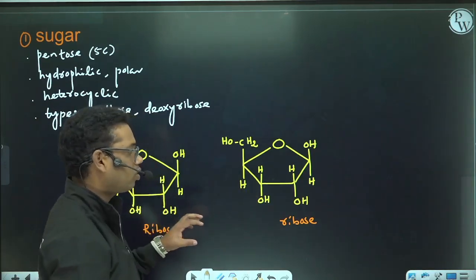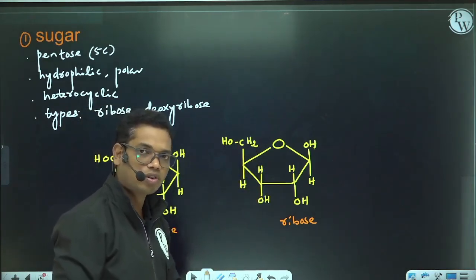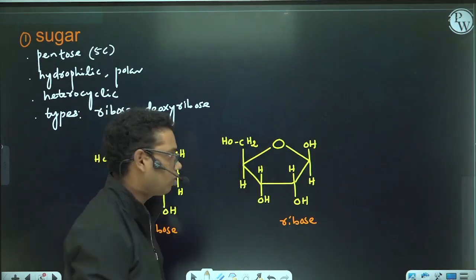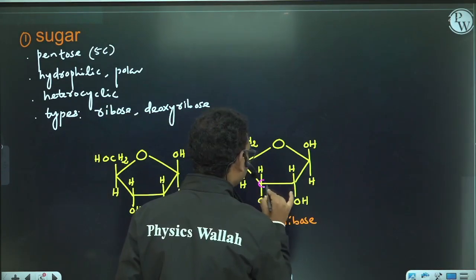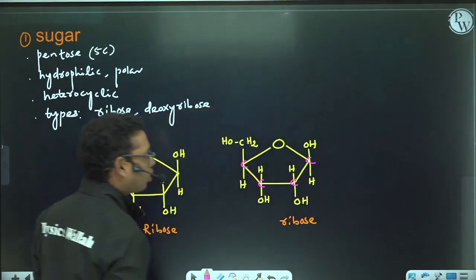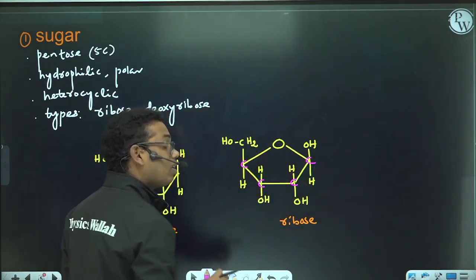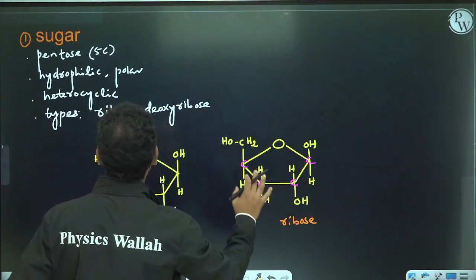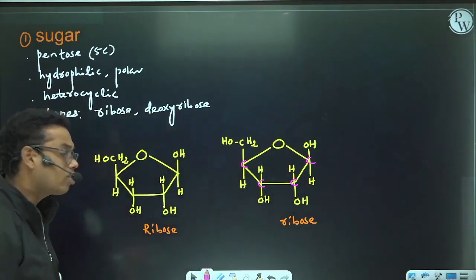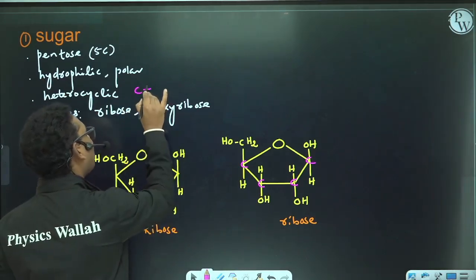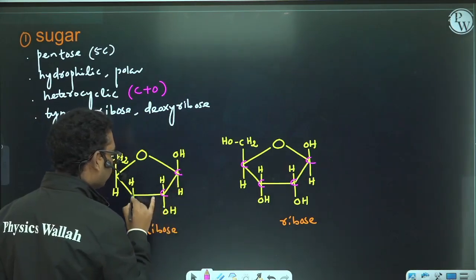These pentose sugars are cyclic structures, and in that cyclic structure oxygen and carbon are present. So here I have oxygen, and apart from oxygen, carbon is also present. In this ring structure I have oxygen as well as carbon, and that is why I call these sugars heterocyclic structures. Hetero, why? Because the ring consists of carbon and oxygen. Clear? Here also I will have carbon, here also I will have carbon.